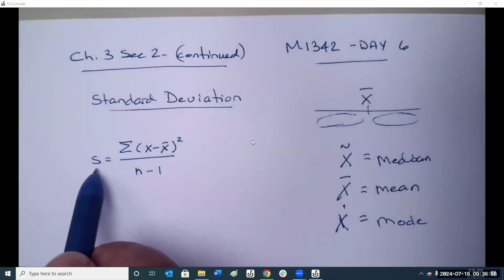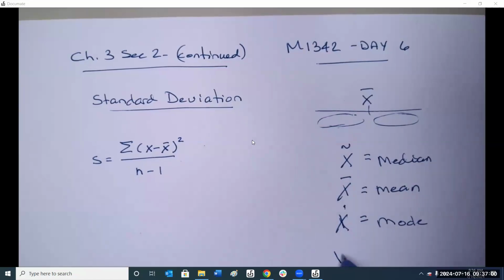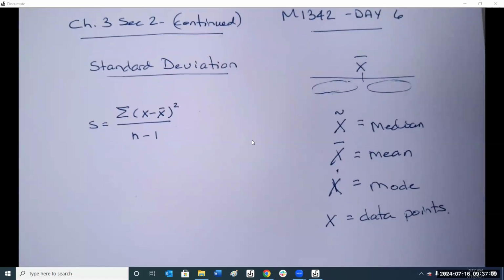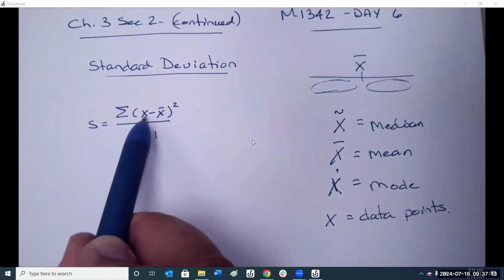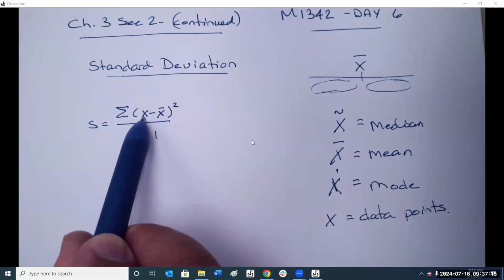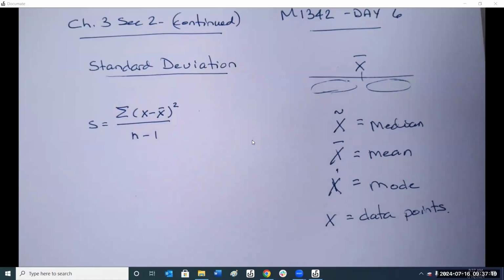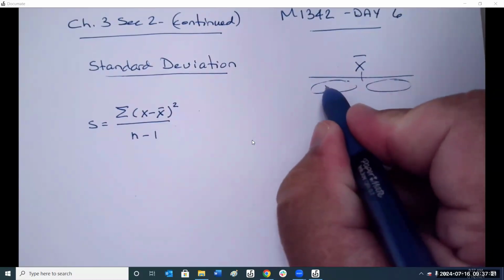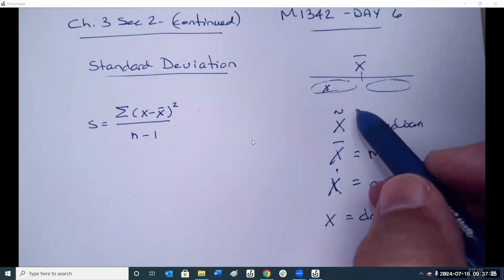That's like on the standard deviation. What it looks for is the X by itself is simply our data points. So what this formula tells us is we take each data point minus the mean. Now what that means is if the number is to the left of the mean, we'll get a negative number.